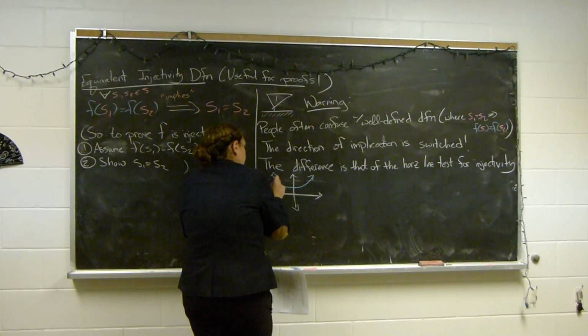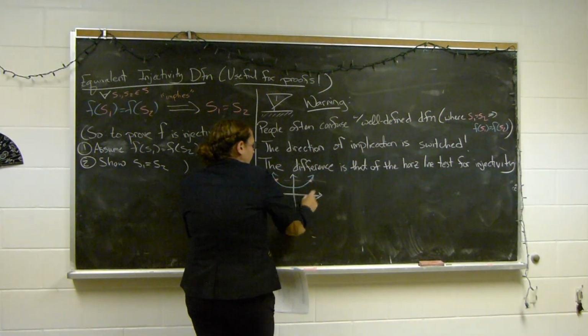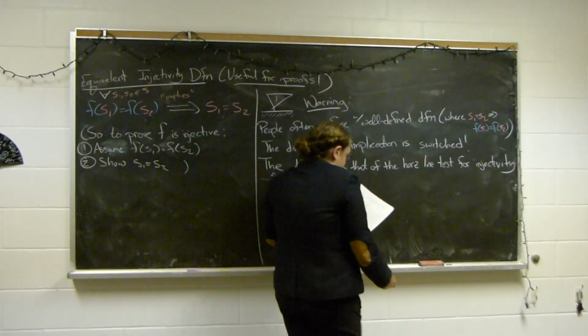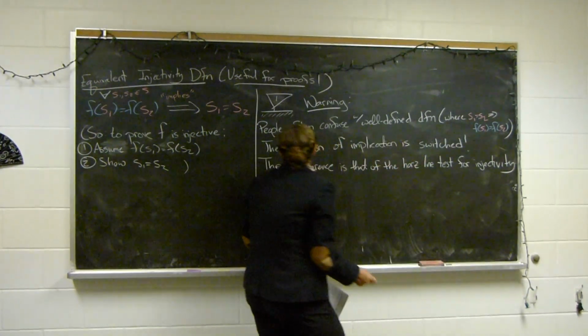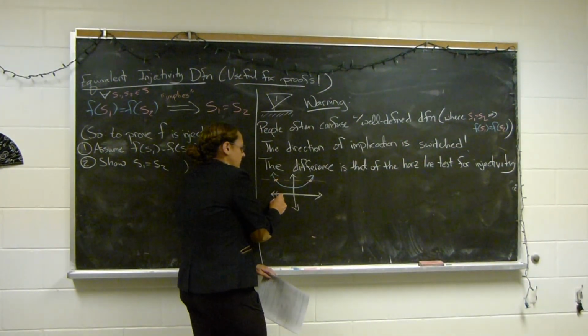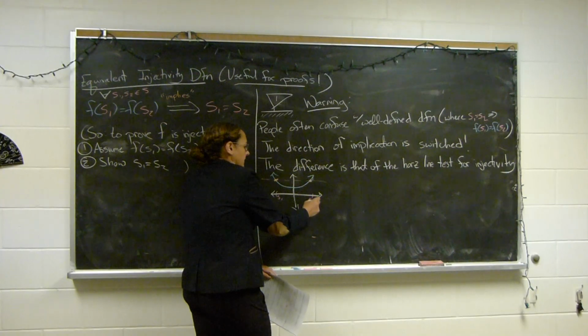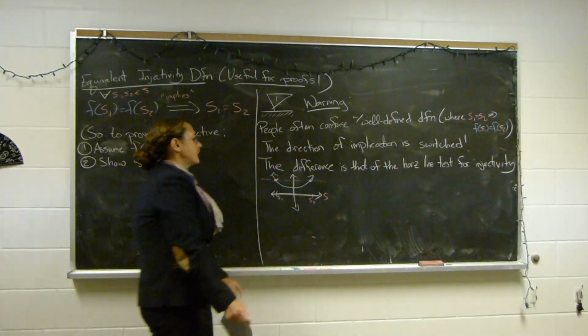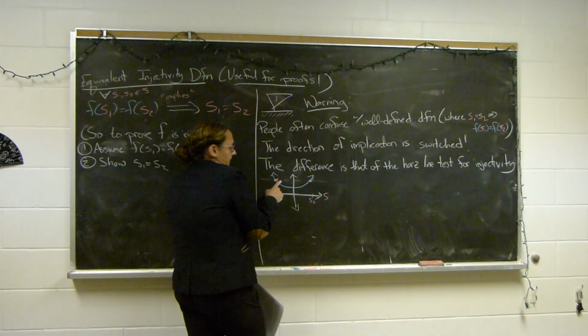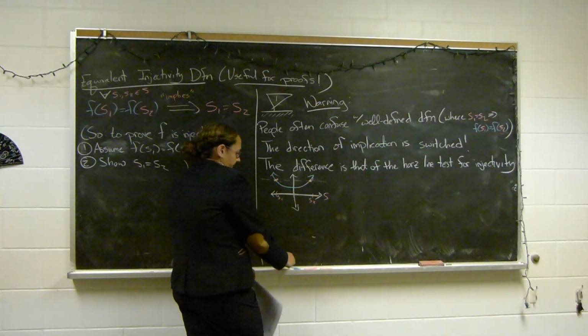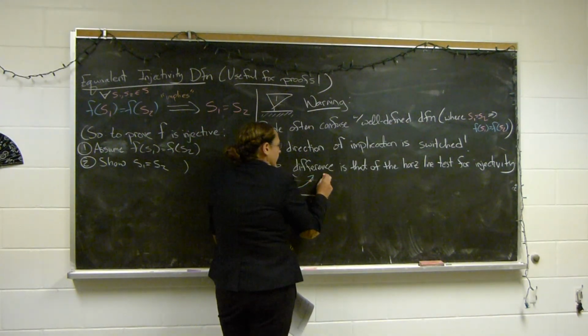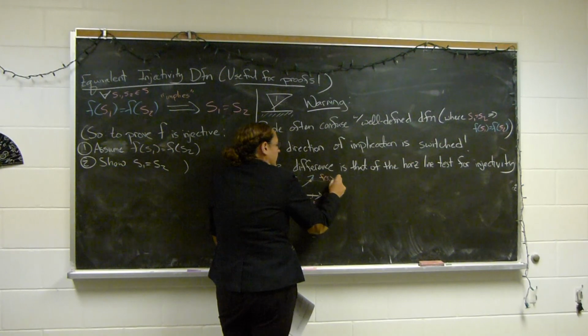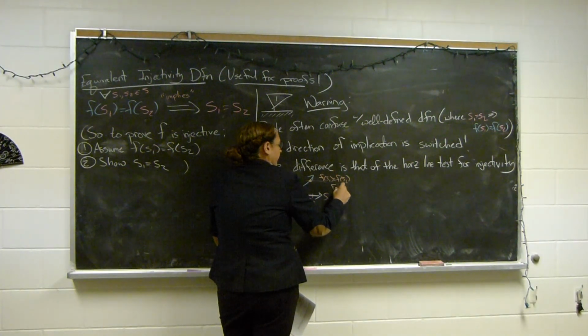Oh man, I hit the same f value for two different inputs. So these are S1 and S2, different values, but I get that f of S1 equals f of S2, and that's a fail.